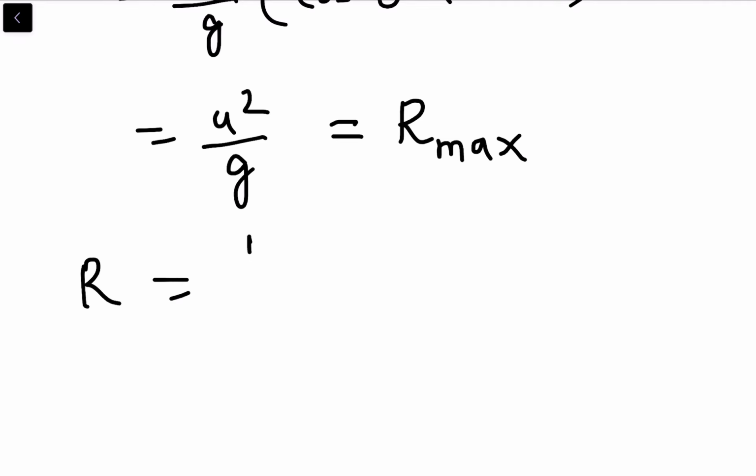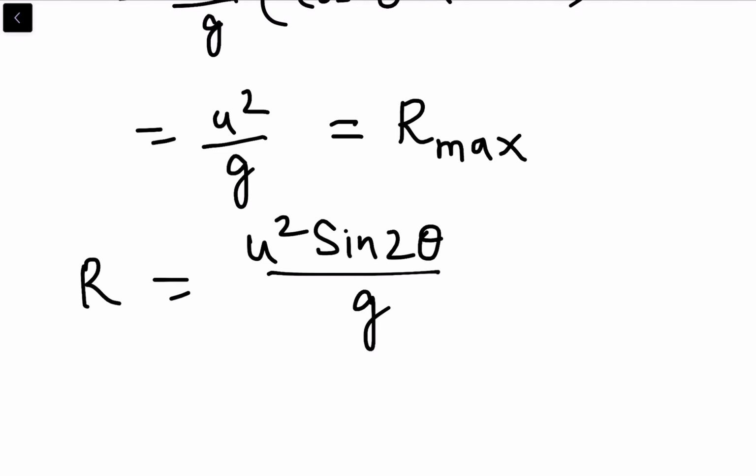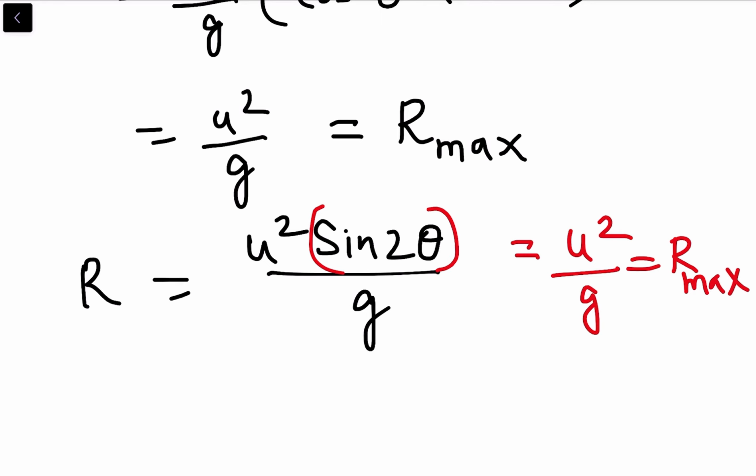R is equal to u square sine 2 theta by g. The maximum value of sine is at 90. Therefore, when sine 2 theta is equal to 1, that is sine 90 is equal to 1, you will get u square by g. This is called R max, that is the maximum range of the projectile.